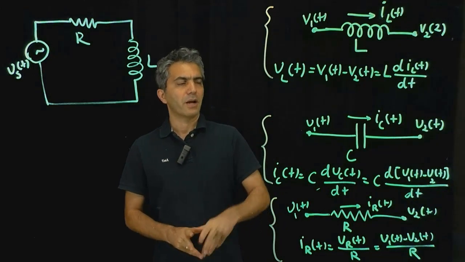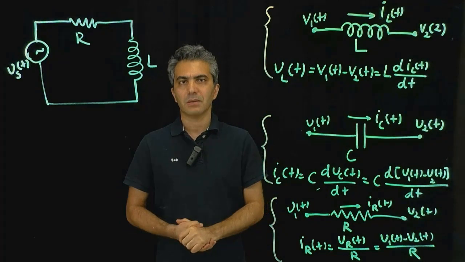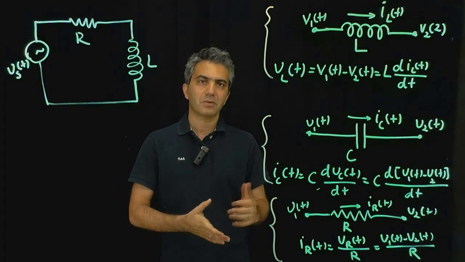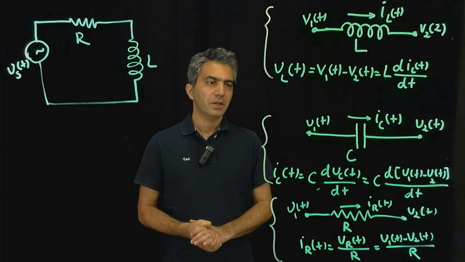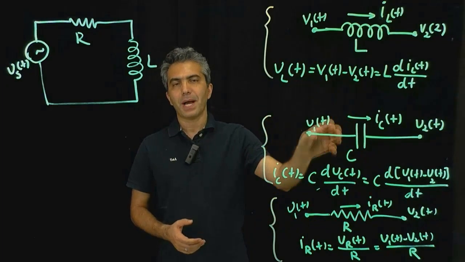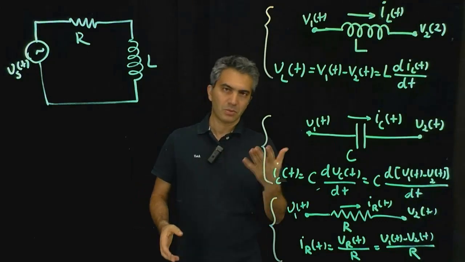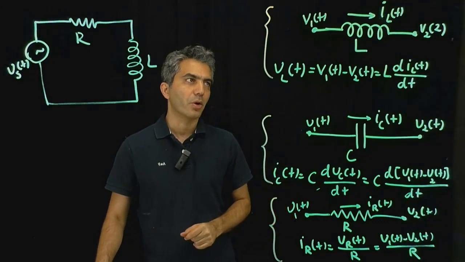Now, I put in all three important components that are used mostly in this course here, and I'm going to start by discussing inductors first and then go back and compare and contrast inductors with the two other types of components that we already know about.